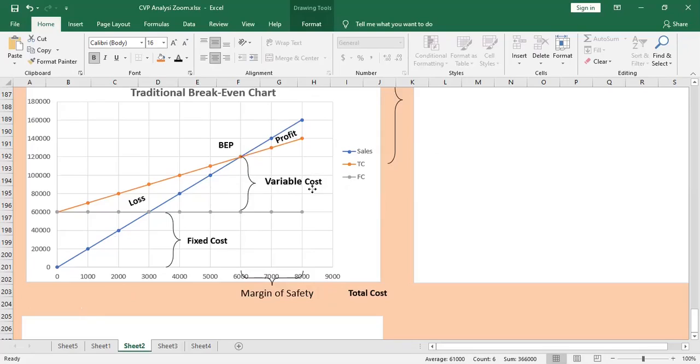So this part represents the variable cost, right? Altogether, variable cost plus fixed cost is the total cost. So if you want, I can keep that also. Starting from here to here, the total amount, you are getting the total cost.